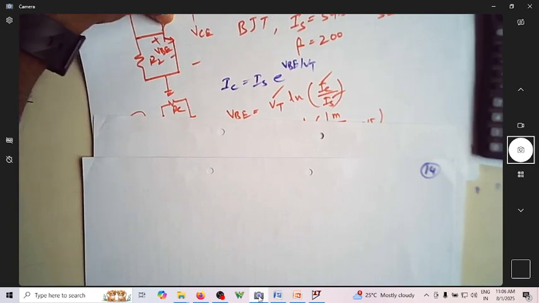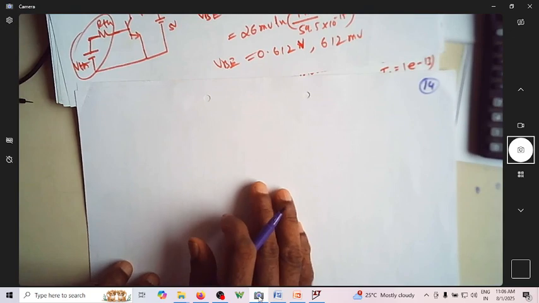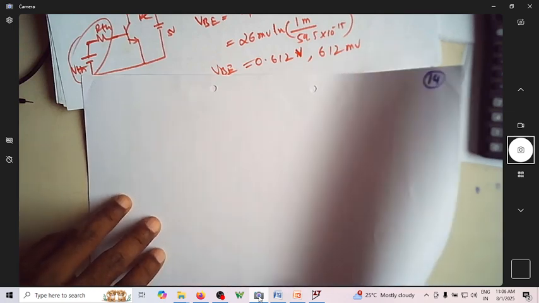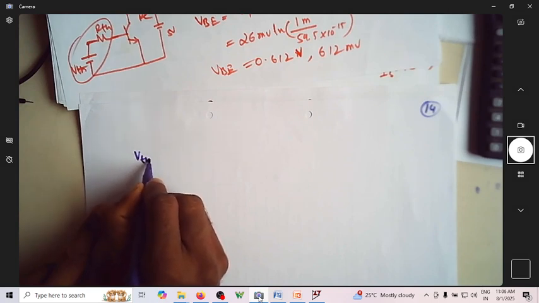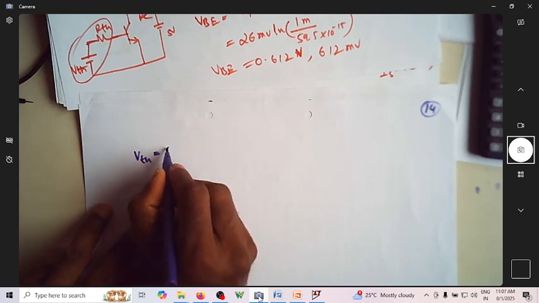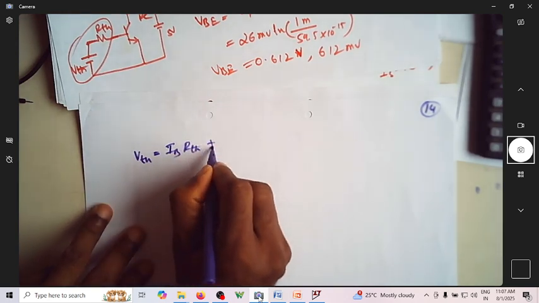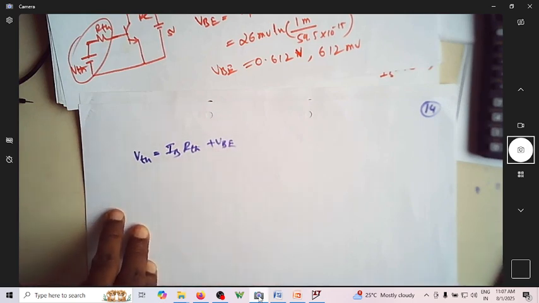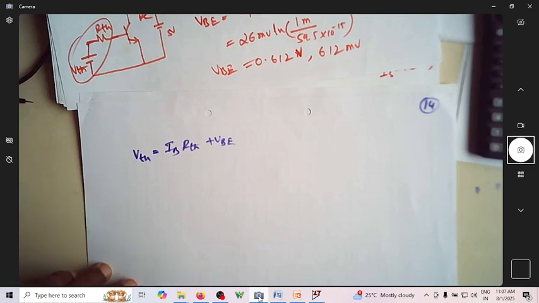Now, can we write an expression as VTH is equal to IB into R Thevenin plus VB? Can I write it? I can write this.